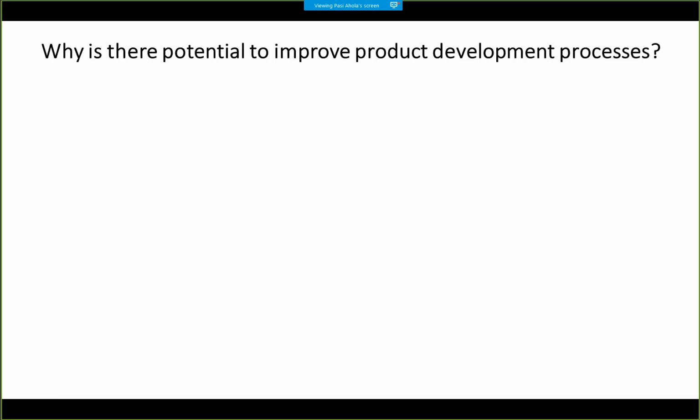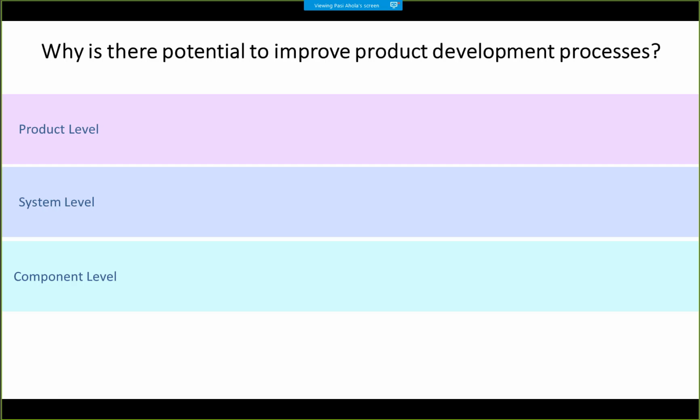So where and why is the potential to improve product and development processes? This topic also has something to do with the documents that we introduced before. Here are the classic levels of systems engineering, and there are teams, different people working on these different levels.